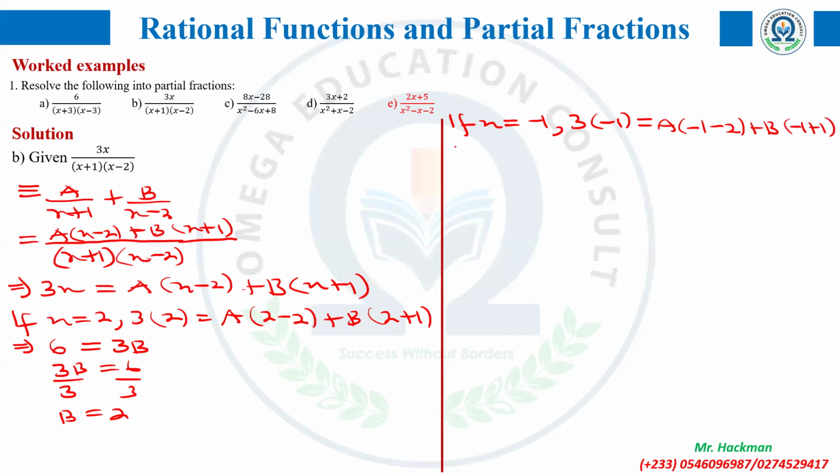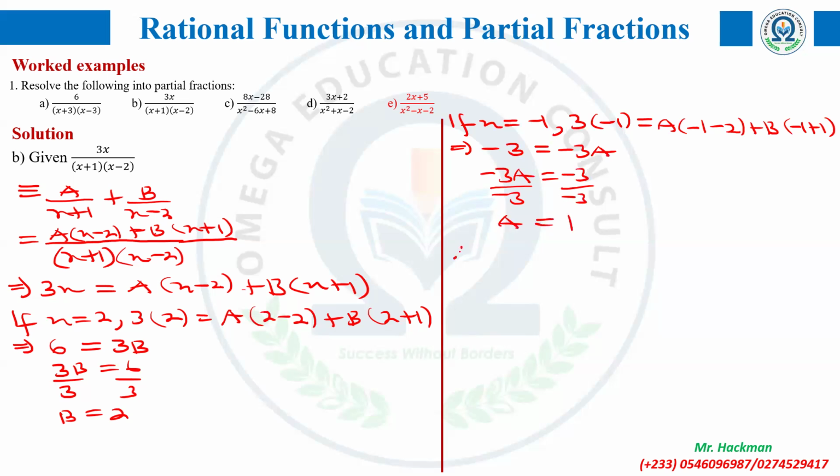So 3 times negative 1, I'll get negative 3, will be equal to negative 3 times A, so negative 3A. This will give me 0, 0 times B, so that will go. So I'll end up getting negative 3A is equal to negative 3, over negative 3, over negative 3. So it means A will be equal to 1.